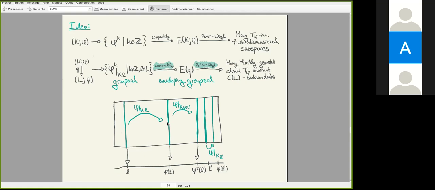And then sometimes I can concatenate them. So for example, if I have this map from the fiber L to the fiber psi of L, and then I have another map which goes from psi of L to psi squared of L, then I can concatenate these two in a meaningful way.